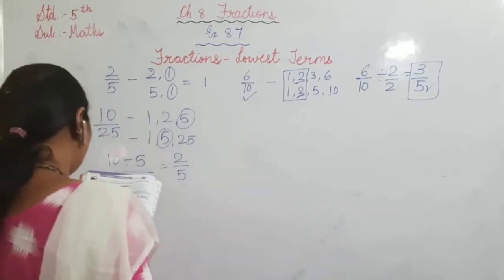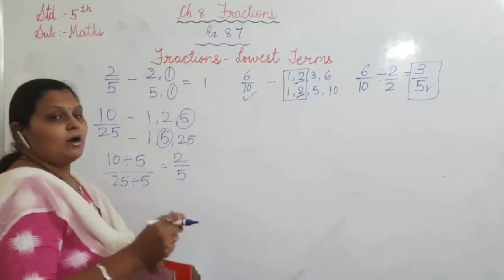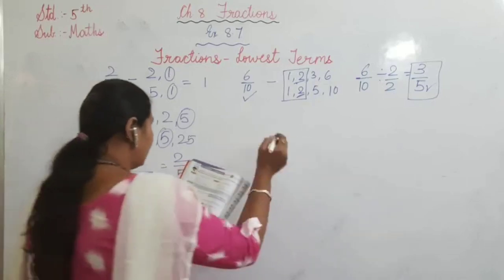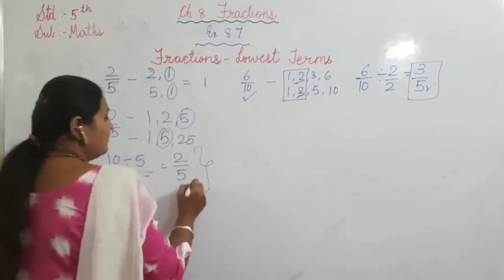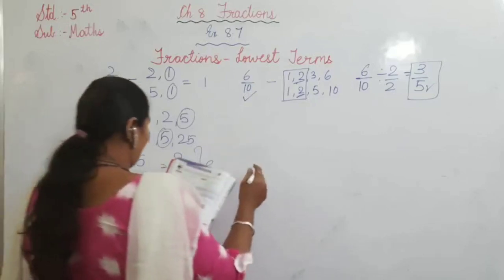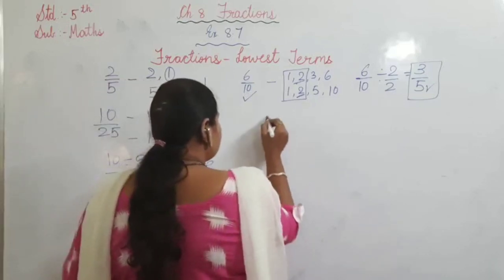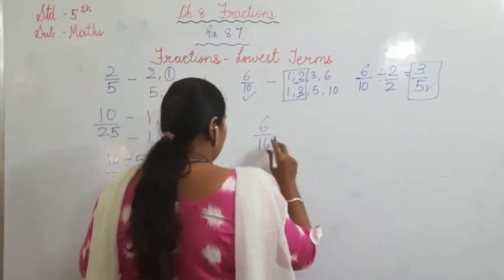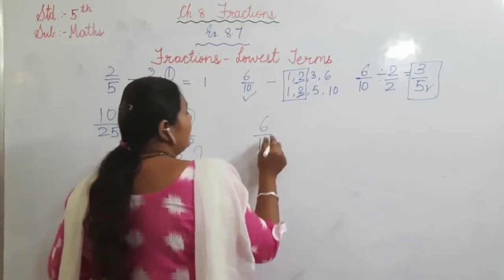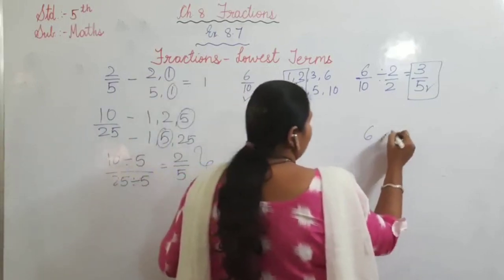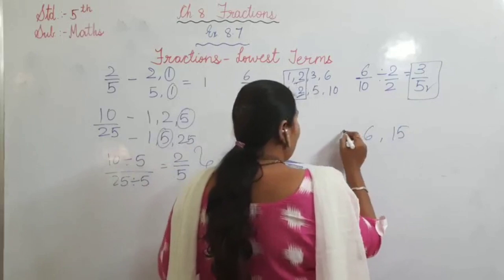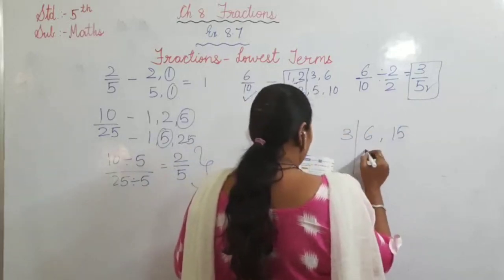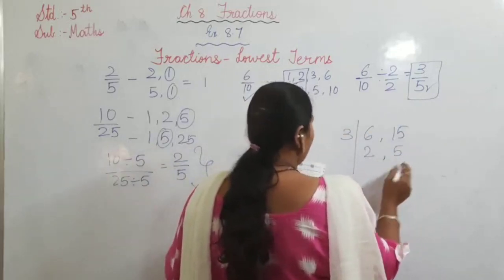Now the next way to find the HCF. Like this we can find by division also. So for 6 upon 15, we can find the HCF first. Common factor is 3, 3 2s are 6 and 3 5s are 15.